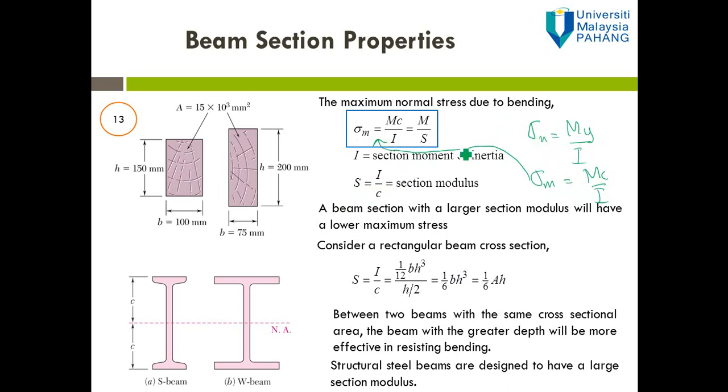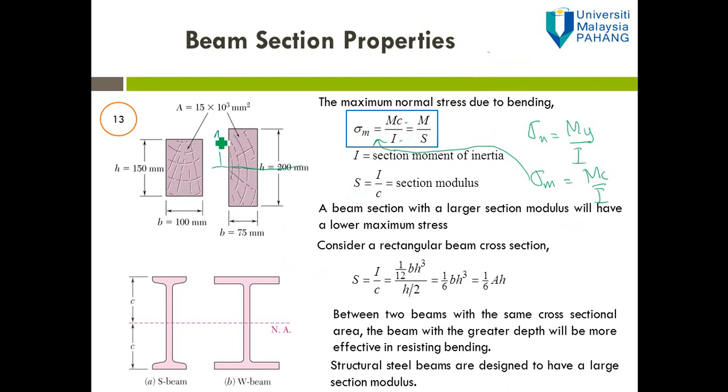This relationship shows that the value of bending stress is influenced by the moment of inertia I, and also c, where c is the distance from the neutral axis to the lower or upper surface of the beam. Let's say we have a rectangular beam like this, and this is the neutral axis.